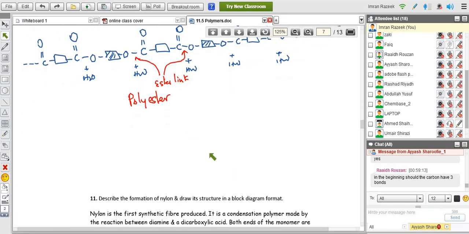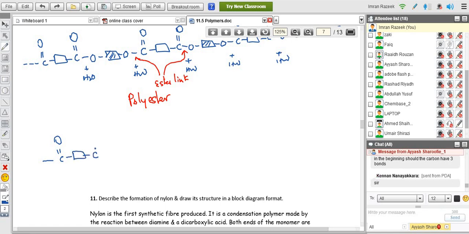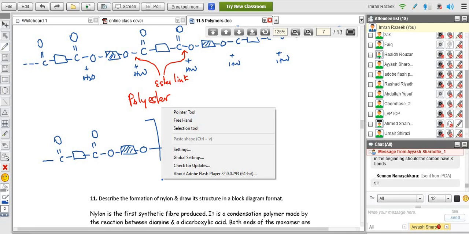So if I'm to represent the above structure of the polymer as one single structure, what I can do is I can just draw one repeating unit. This is the repeating unit. When it comes to a condensation polymer, a repeating unit is basically one of each of the monomers.